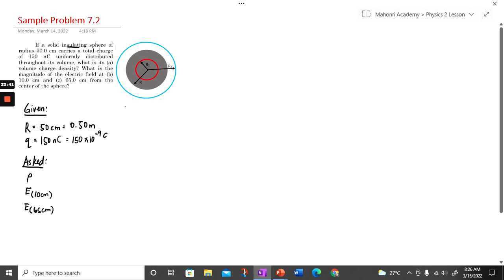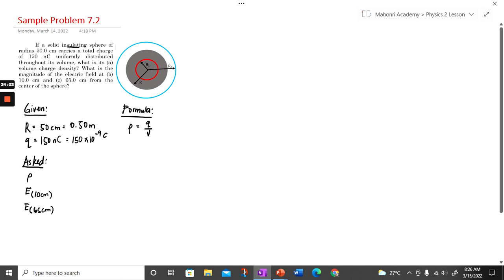So how are we going to solve this? Well, we have to use our various formulas. Since we want to look for the volume charge density, rho equals Q divided by the volume.